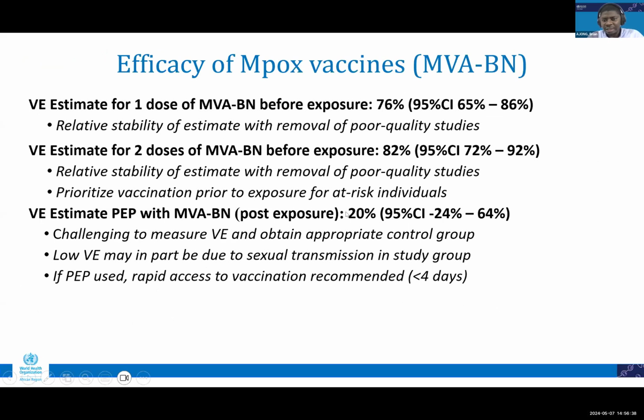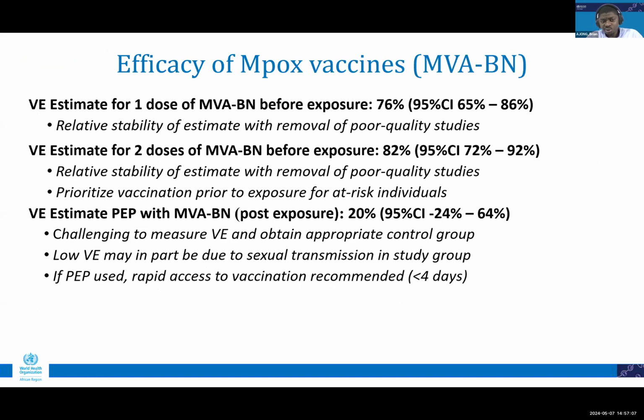Now, looking at the latest data from SAGE on vaccine efficacy, it's worth noting that this efficacy data is based on the MVA-BN vaccine. For one dose of the MVA vaccine, the efficacy is 76%. You can see the confidence intervals, which are quite narrow.